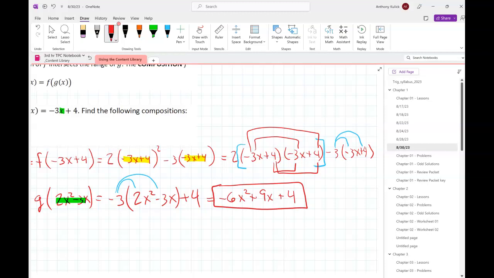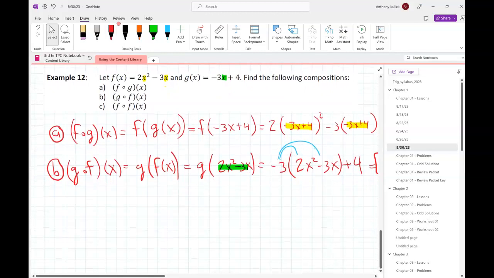Oh boy, that was a lot easier than the previous one, wasn't it? So it just kind of depends on what f and g are and the simplifying you're left with. Sometimes it's really quick. Sometimes it's not so quick. And it's maybe not entirely clear until you get into the problem which one it's going to be.